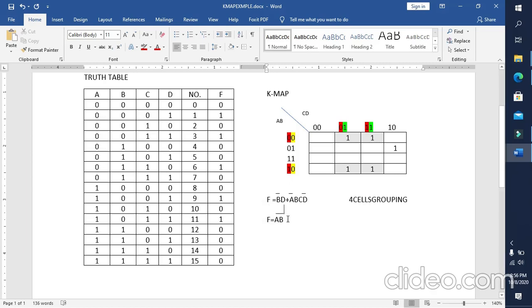Then, your column is you will have the D. Or, then the next group, you will have A and then B prime.